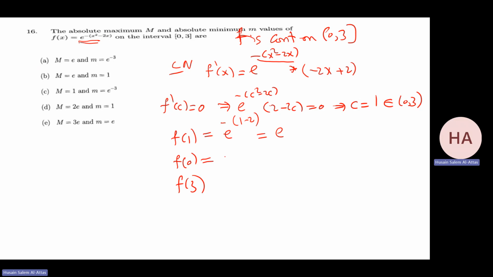F of 0 will be e to the power 0, which is 1. F of 3 will be e to the minus 3 squared is 9 minus 3, that's e to the minus 3, which is 1 over e cubed.